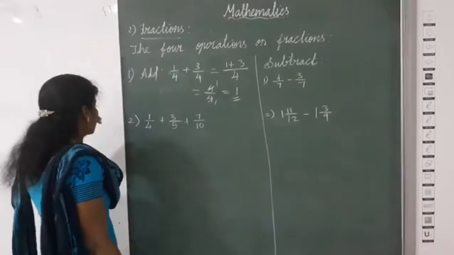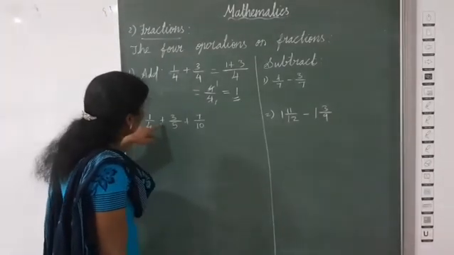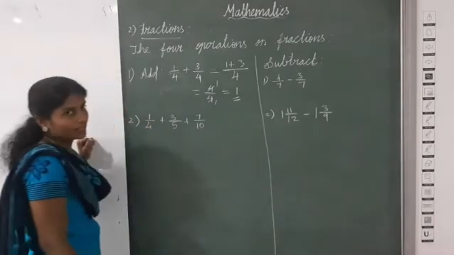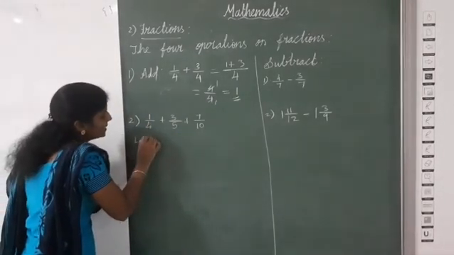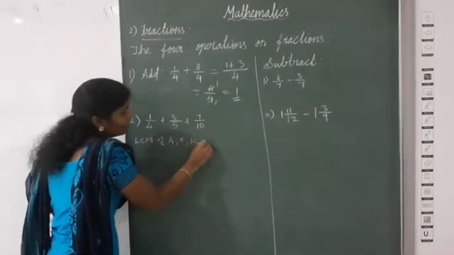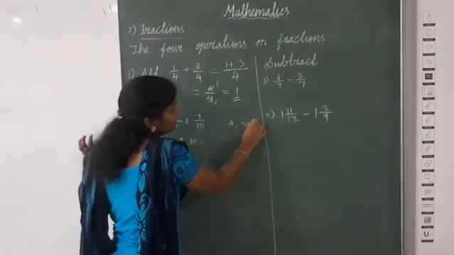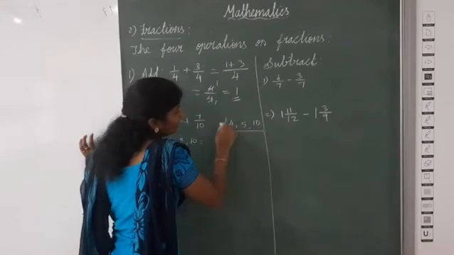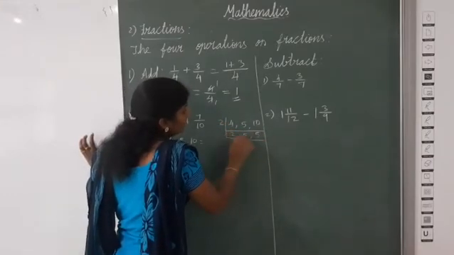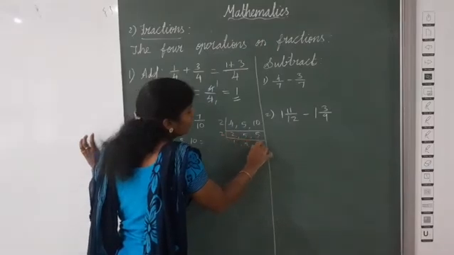Then second one, 1 by 4 plus 3 by 5 plus 7 by 10. Different denominators, so we take the LCM. LCM of 4, 5, 10 by the common division method. 2 2s are 4, 5, 5 2s are 10. 2 table 1, 5, 5.